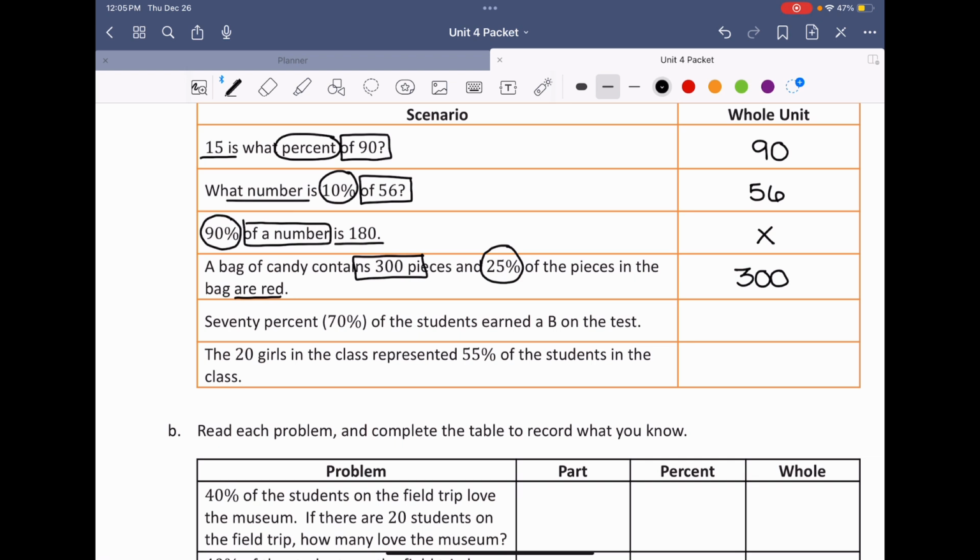Next one, 70% of the students earned a B on the test. Again, we're looking at all the students' grades and then how many of them specifically got a B. So the amount that earned a B is the part. The students would be my whole, and the 70% is my percent.